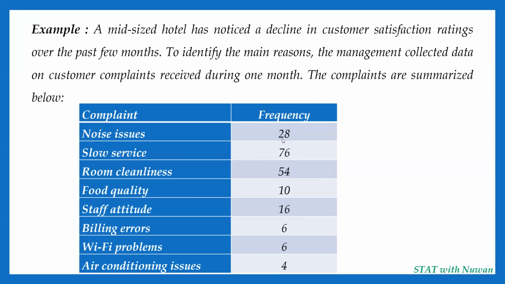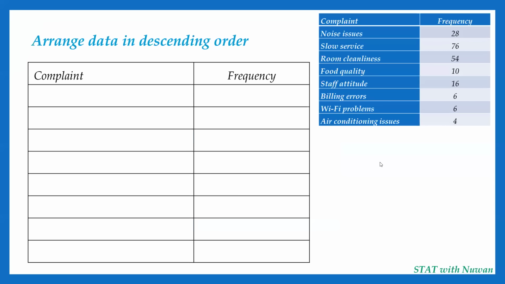Noise issues 28, slow service 76, room cleanliness 54, food quality 10, staff attitude 16, billing errors and Wi-Fi problems 6 each, and air conditioning issues finally 4. Then the first step is to arrange this data in descending order.